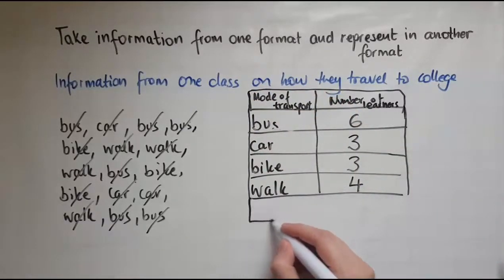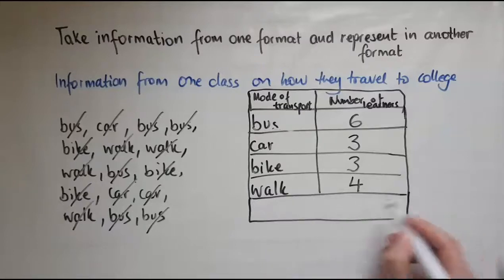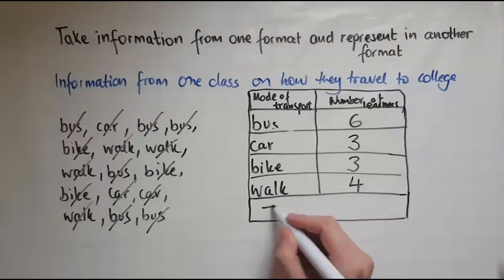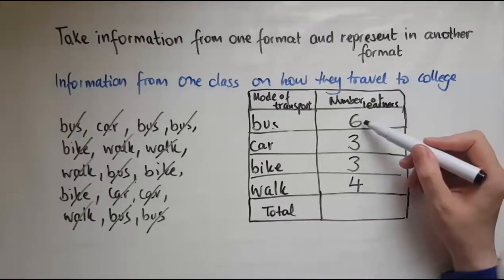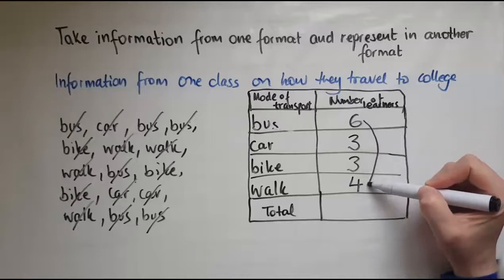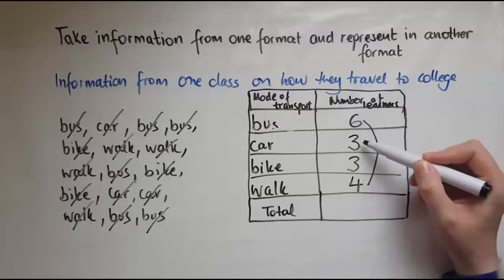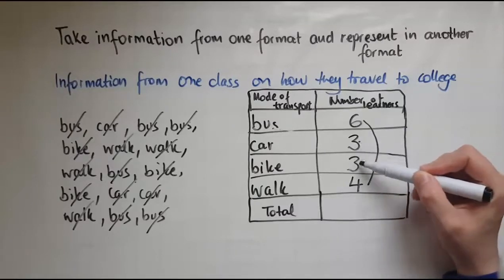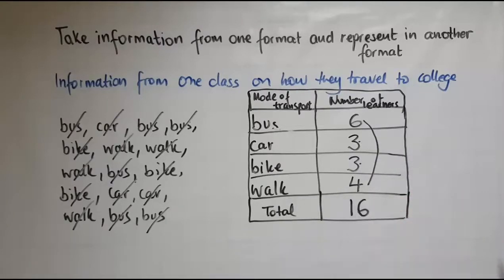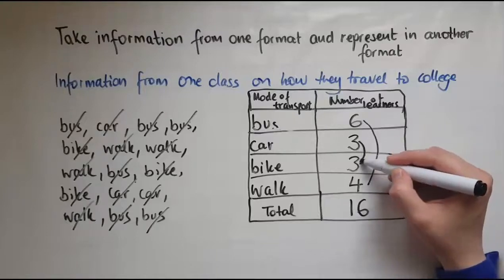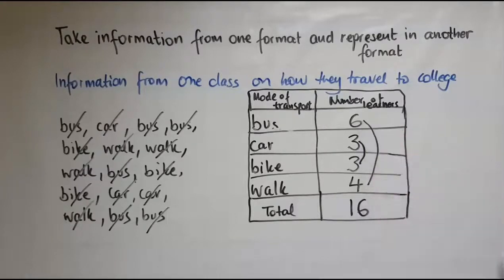Finally, we could add at the bottom the total. So we've got 6 and 4, which makes 10, 13, 16. I could have also added these two, 3 and 3 makes 6, so 10 and 6 makes 16. So this is how you represent this information in a table.